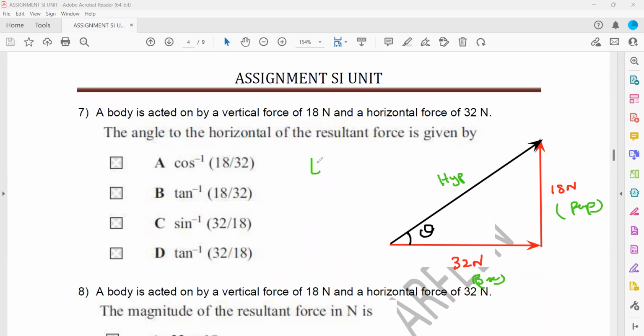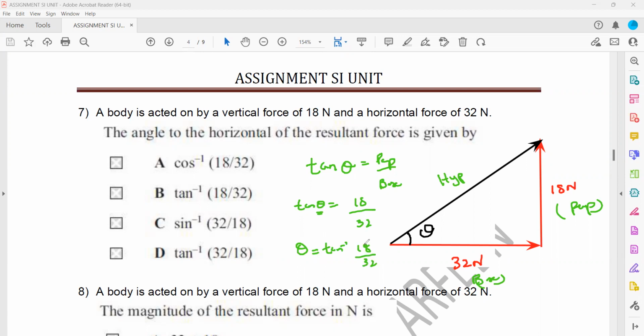To get the angle, we'll use a trigonometric ratio, the tangent theta, which is perpendicular divided by base. So tangent theta, we want to find the angle, perpendicular is 18 and the base is 32. If we need theta, that tan will move to the other side, it will become tan inverse. So theta equals tan inverse of 18 divided by 32.